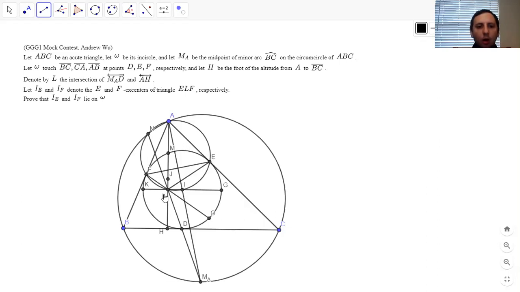So G is the midpoint of the arc EO, right? So yeah, FG will be the angle bisector. So G lies on the angle bisector of EFO because it's the midpoint of arc EO, and it also lies on the angle bisector of ELO.